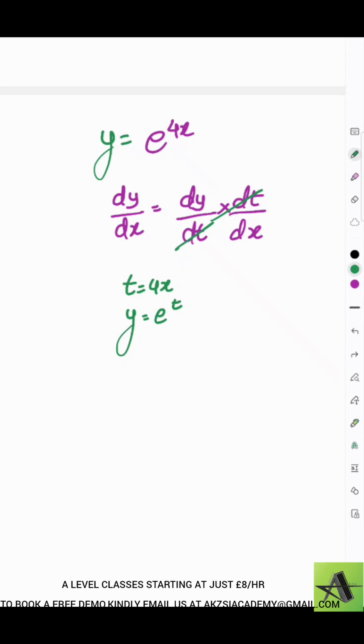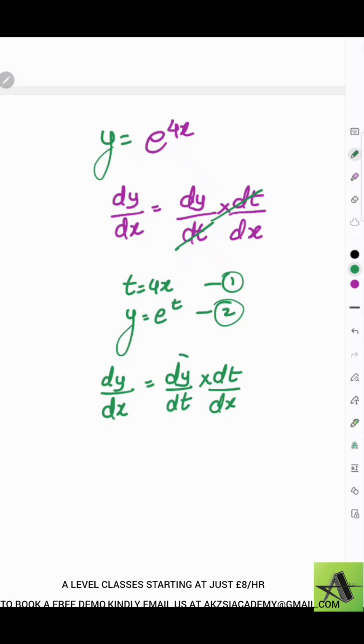Now we have to apply this in our chain rule formula. The chain rule formula says dy over dx is equal to dy over dt times dt over dx. These two functions are important. First is dy over dt, that means differentiation of y with respect to t. So where is y and t? This one.